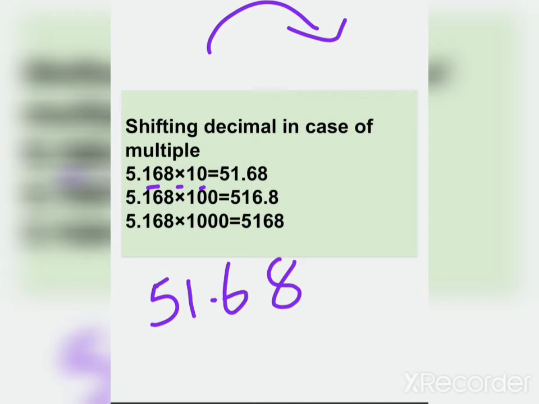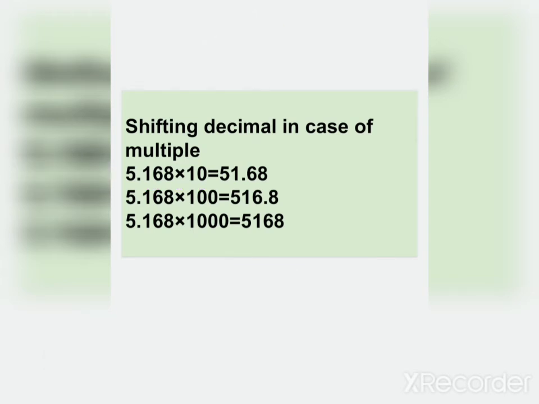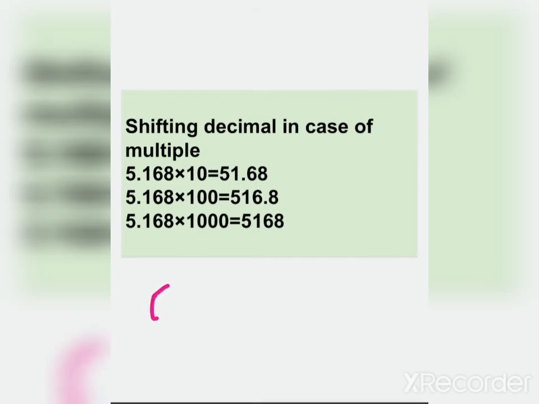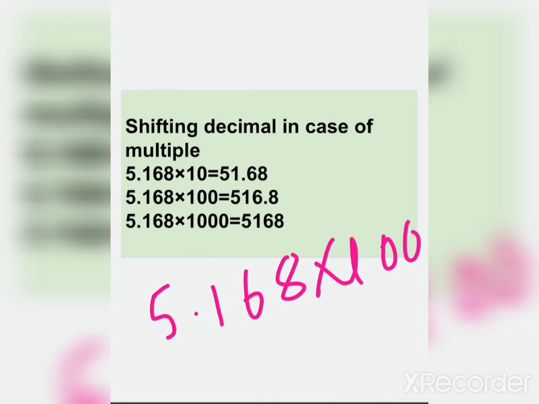Now if the same number 5.168 is multiplied by 100, how many zeros are there? 2 zeros are there. So we will shift this point two places, 1 and 2.